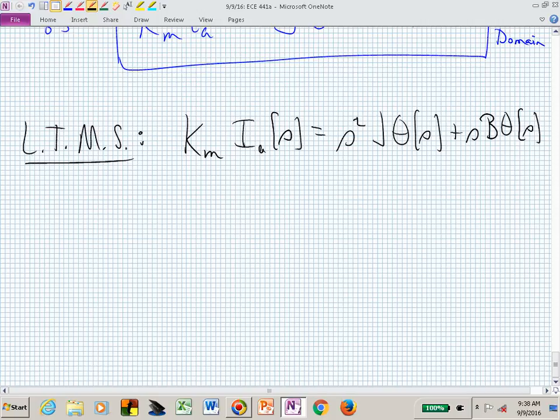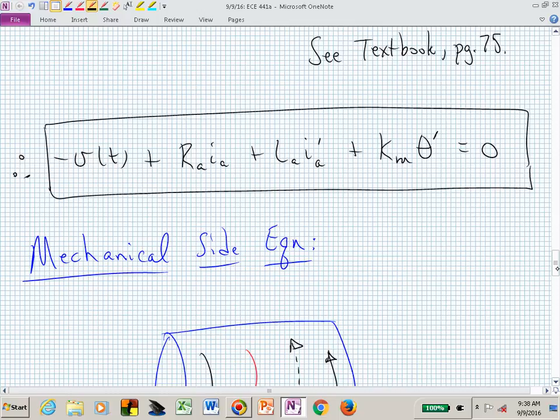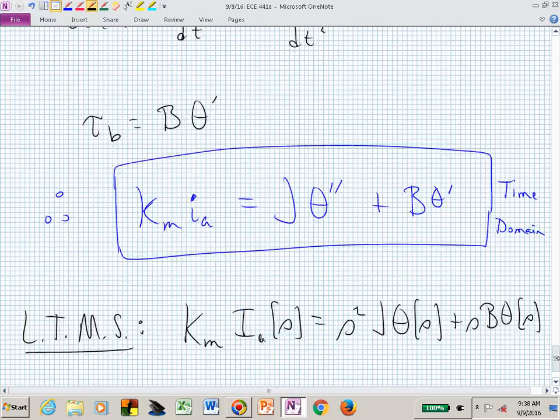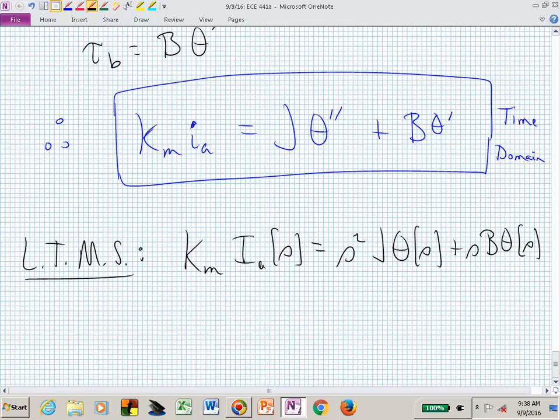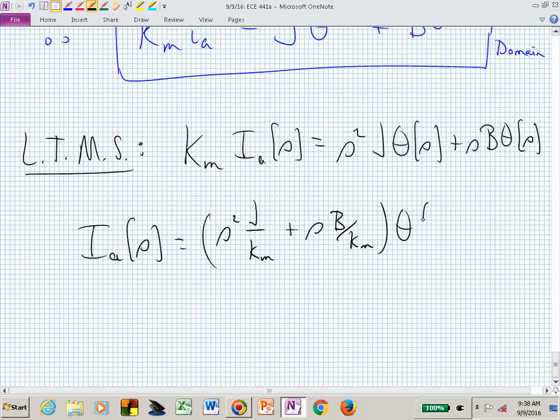This I sub a is this intermediate variable. We want to get rid of it. And we had an I sub a in our electrical side. But now we can solve this second equation in terms of I sub a. I sub a of s is now s squared J over k sub m plus s b over k sub m, times theta of s.